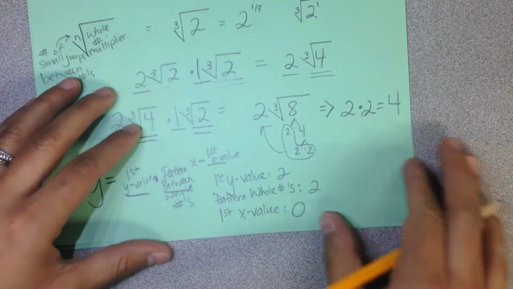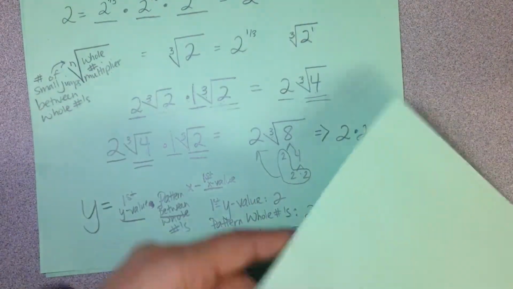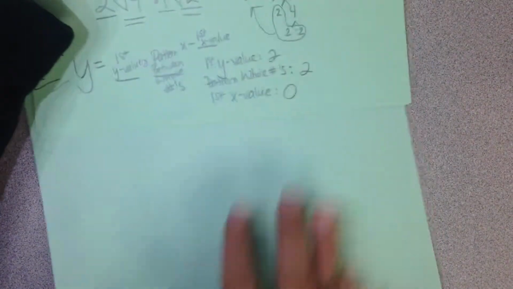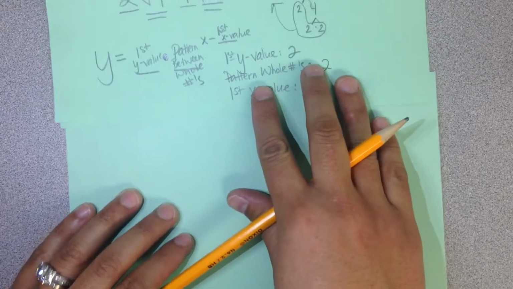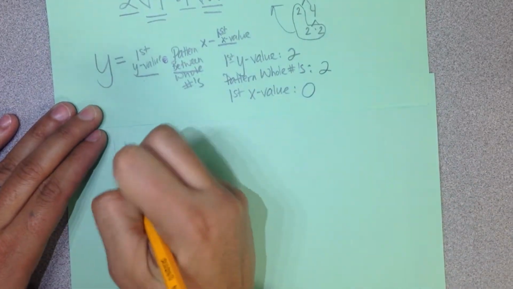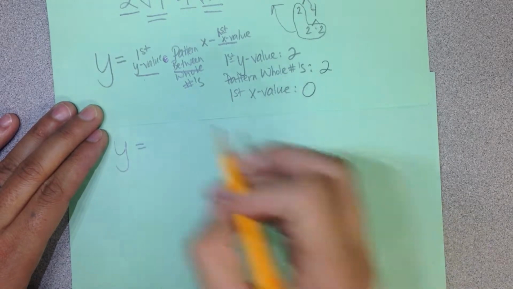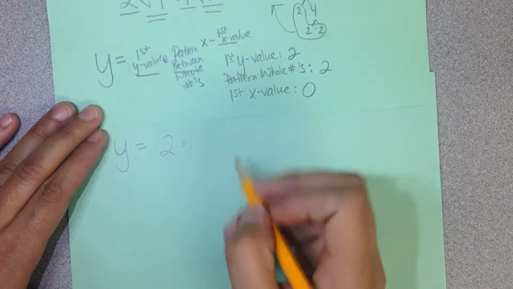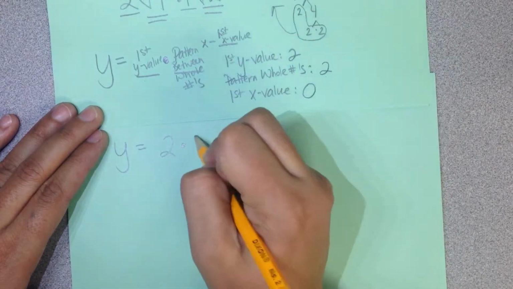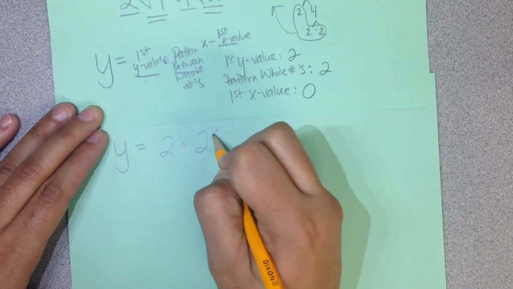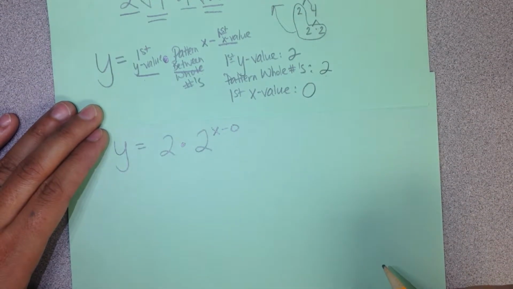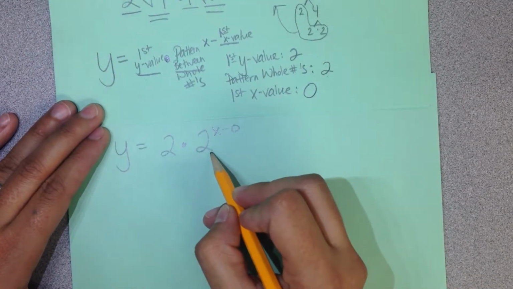So we can write our equation. I'm going to write on another piece of paper. We can write our equation as y equals, our first y value was 2, times our pattern between whole numbers was also 2, to the power of x minus 0. So if you left it like that on the test, I would give you credit, but you could simplify this.